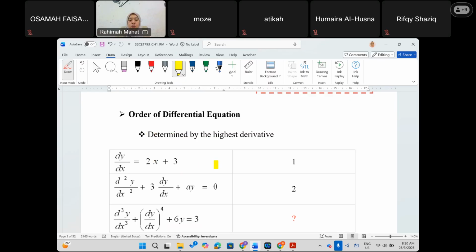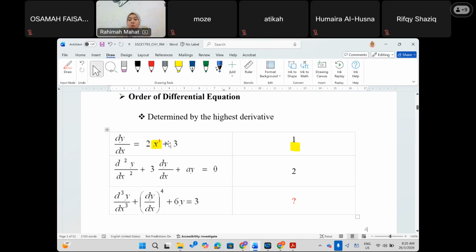If you look here, this one is 1, because your x is to the power of 1. This is power of 1. So the highest derivative is the highest power in the equation. From the first equation here, the highest derivative is x to the power of 1, so the order of the ODE is 1.